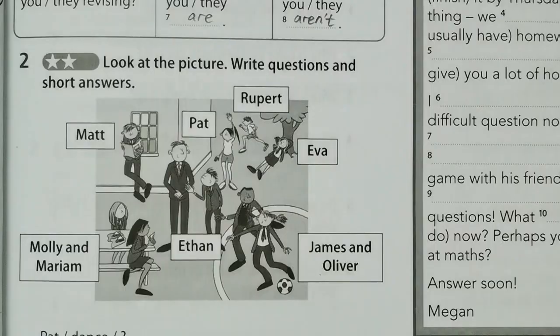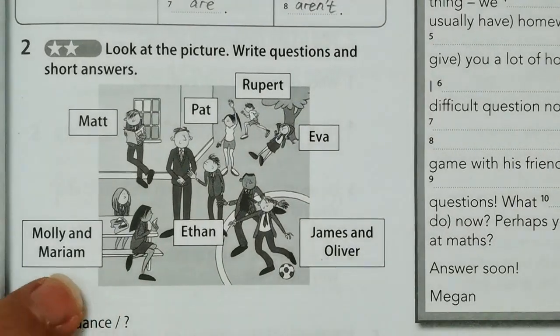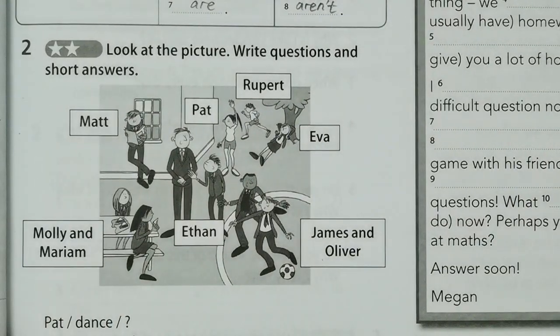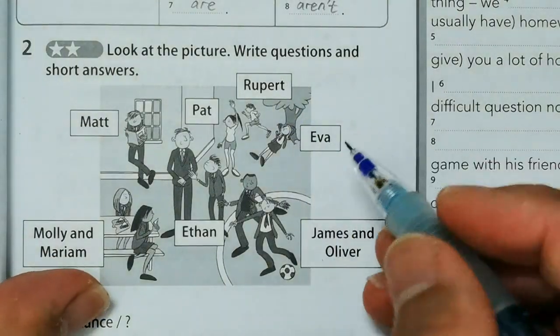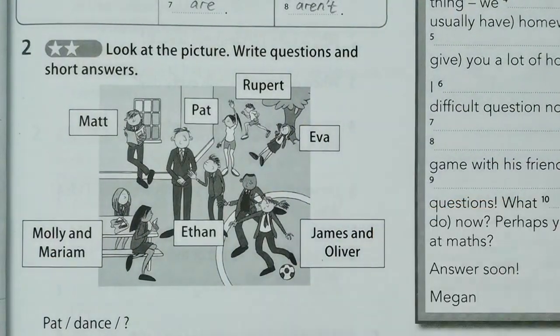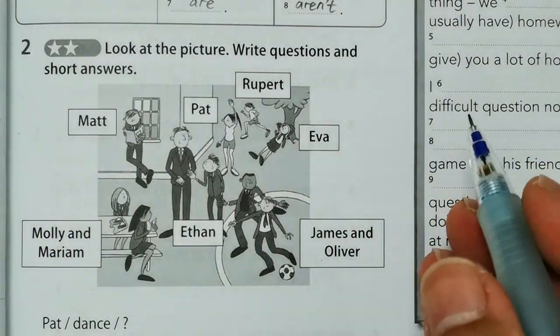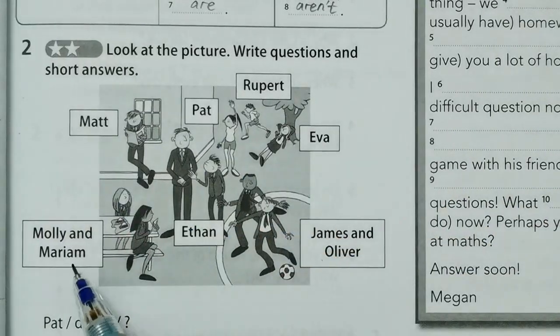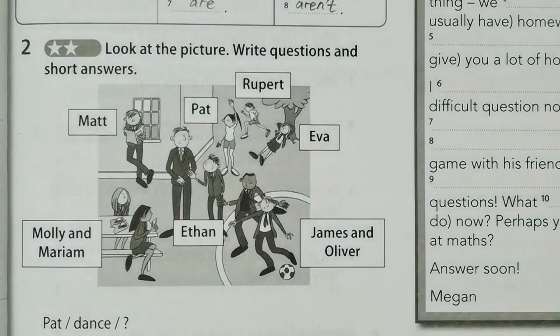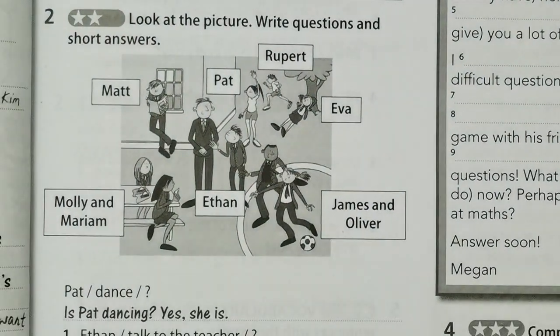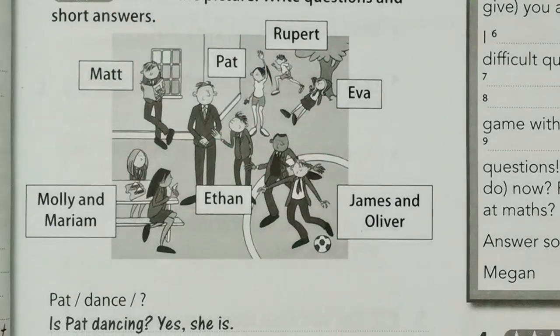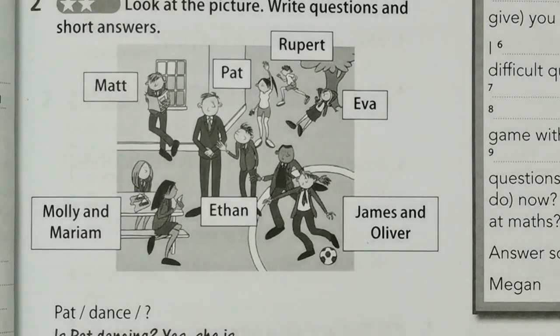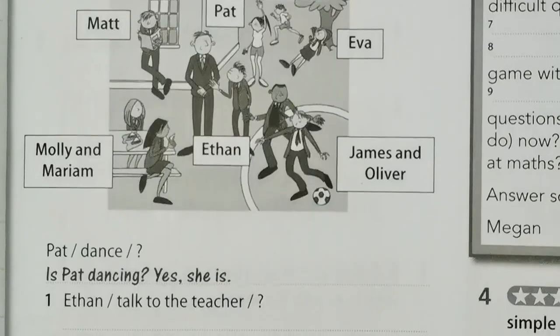So part 2, look at the picture, write corrections and short answers. So we have Rupert, Eva, we have James and Oliver, we have Ethan, we have Pat, Matt, Molly and Mariam. So maybe you can take a look at this picture here. So we have example number 1, Pat, dance, with correction mark here.